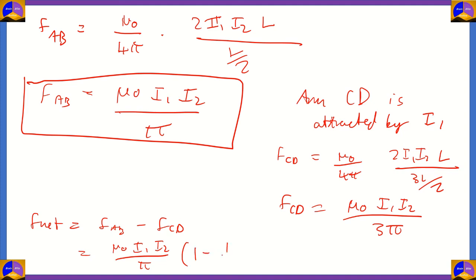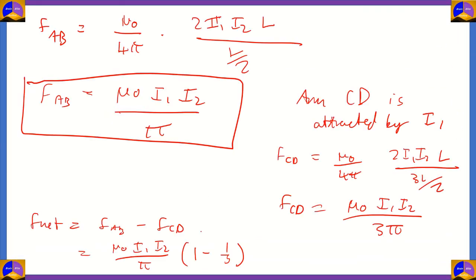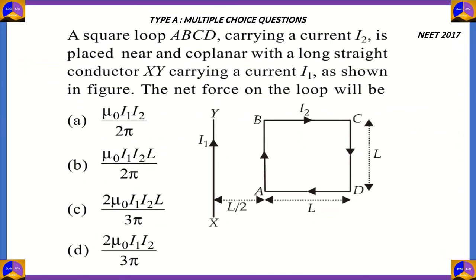So the difference would be 1 minus 1 by 3. Therefore you get 2 by 3 times mu naught I1 I2 divided by pi. So the net force in this question is 2 mu naught I1 I2 divided by 3 pi.